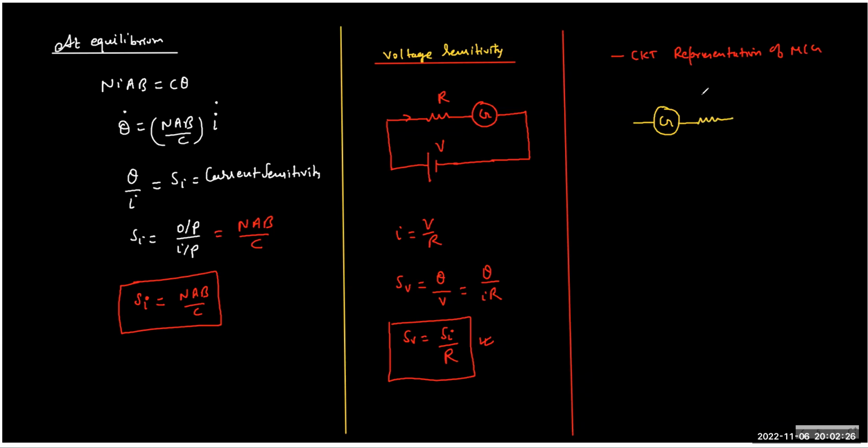This internal resistance is called RG, the internal resistance of the galvanometer.